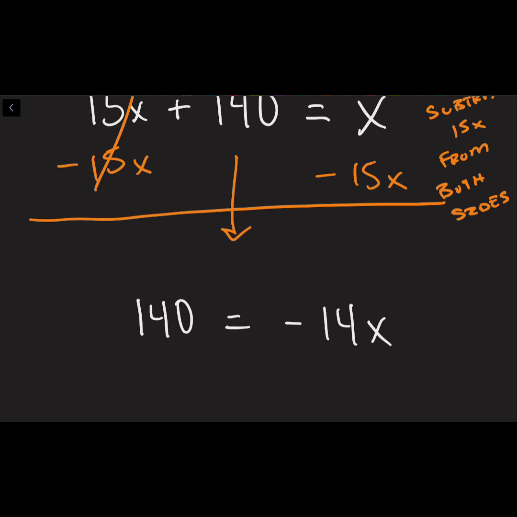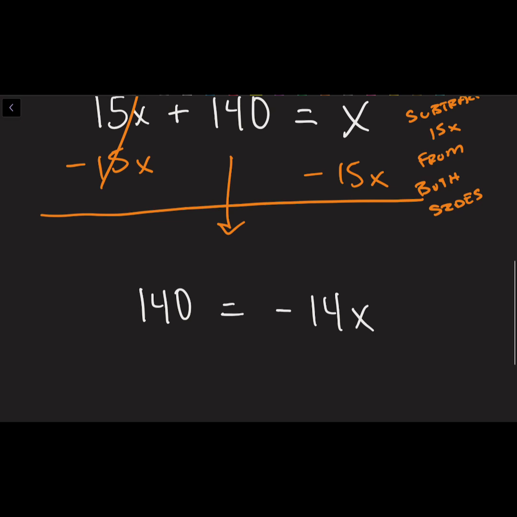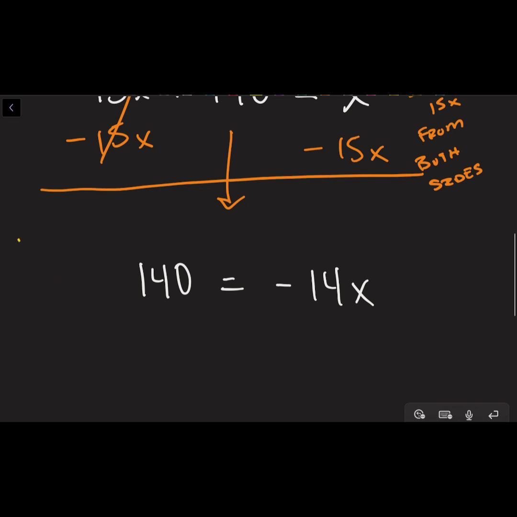So now we done simplified our equation a little bit more. Now we just got to figure out what x is. I ain't used yellow. We're going to go with a little gold for the day. So now we got this. That's our third step. Now we're going to the fourth step. Y'all should already know what we about to do.